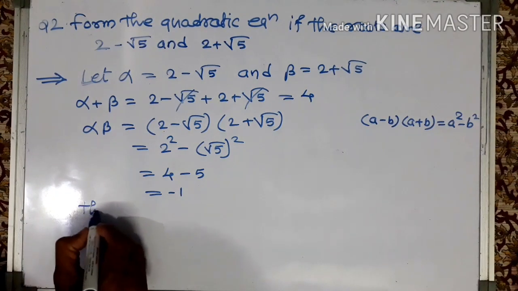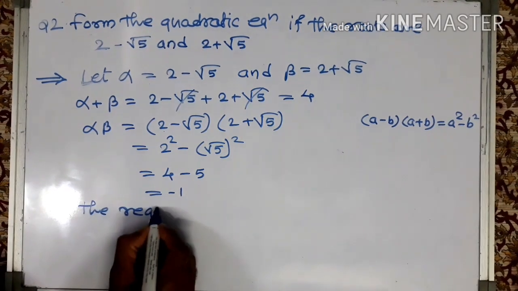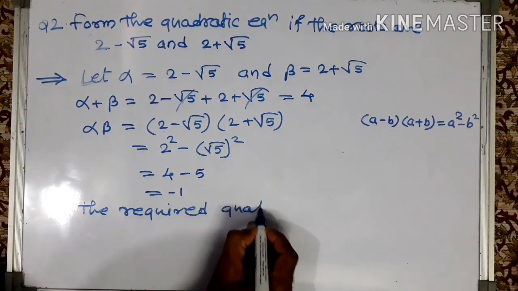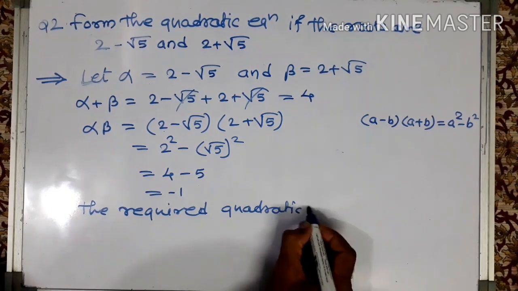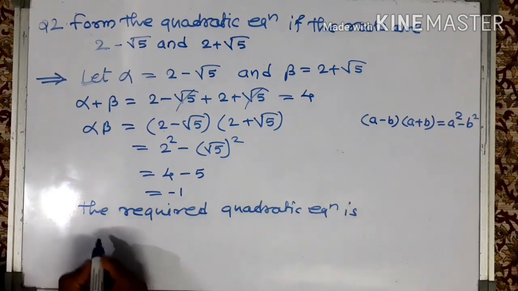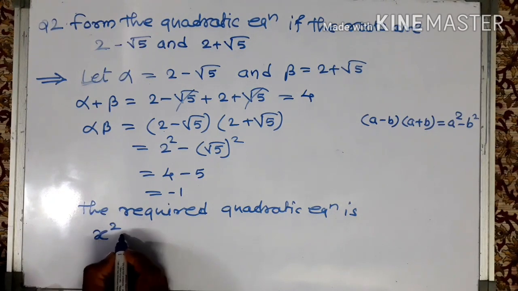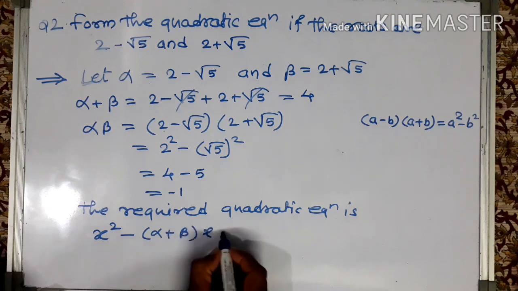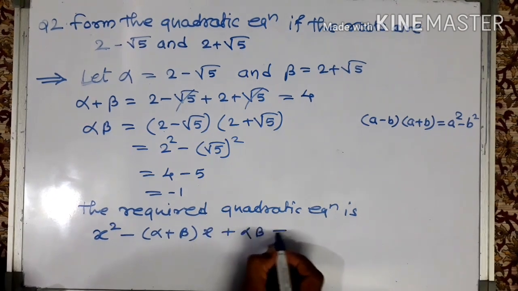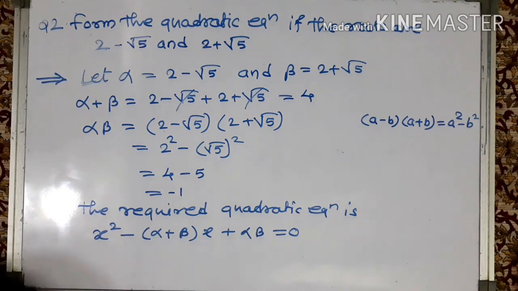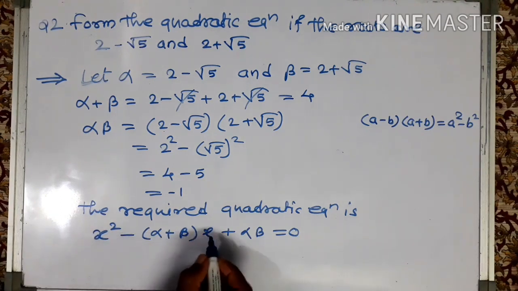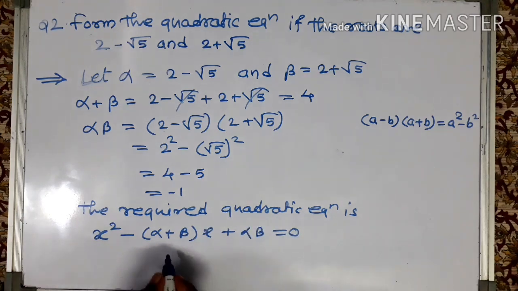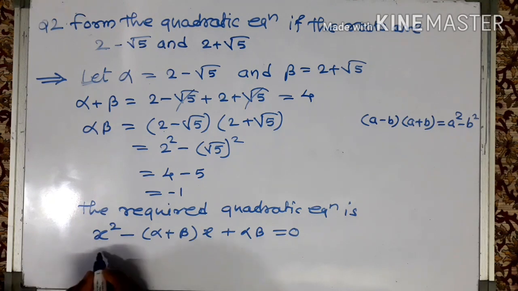Now the required quadratic equation is x square minus alpha plus beta into x plus alpha into beta equals 0. This is the formula for finding a quadratic equation when roots are given.